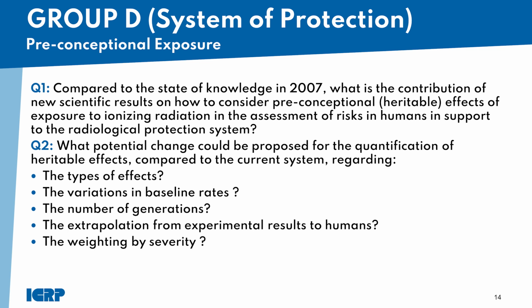Among the questions, we had the discussion about the calculation of the doubling dose. Do we consider that the model which has been proposed in publication 103 is still valid? Do we have new information about that and what to do? Who is a specialist of this topic and what is to be considered?